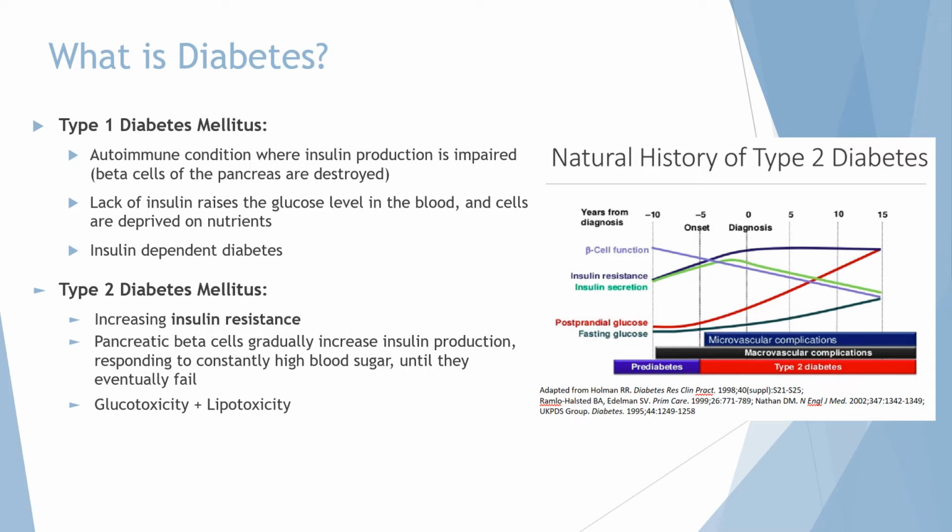Type 2 diabetes mellitus is essentially the resistance of such insulin receptors to insulin. The pancreatic beta cells are okay, at least at first.